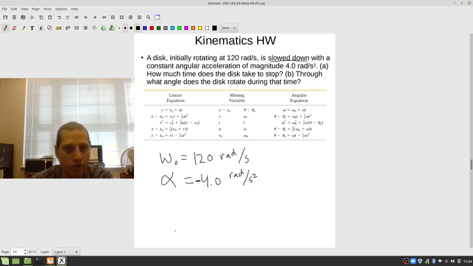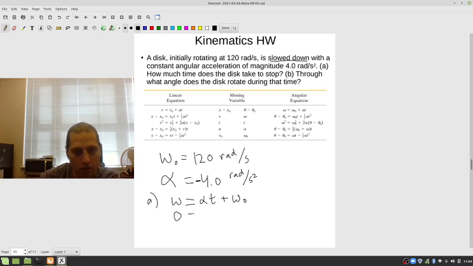Part A: how much time does the disk take to stop? Well, I know omega equals alpha t plus omega naught. So they're asking, how long does it take to get to omega equals 0 radians per second?